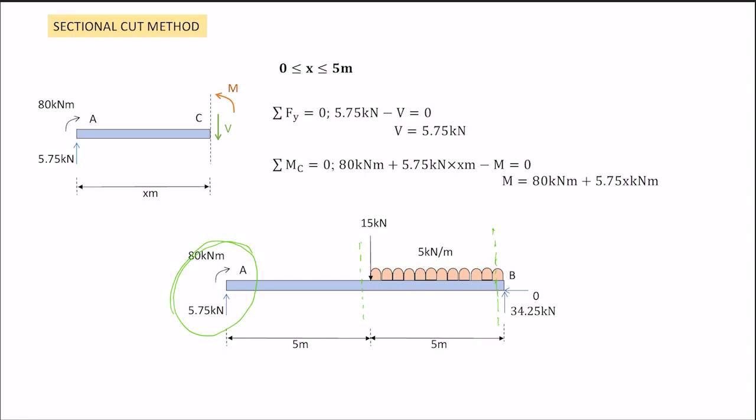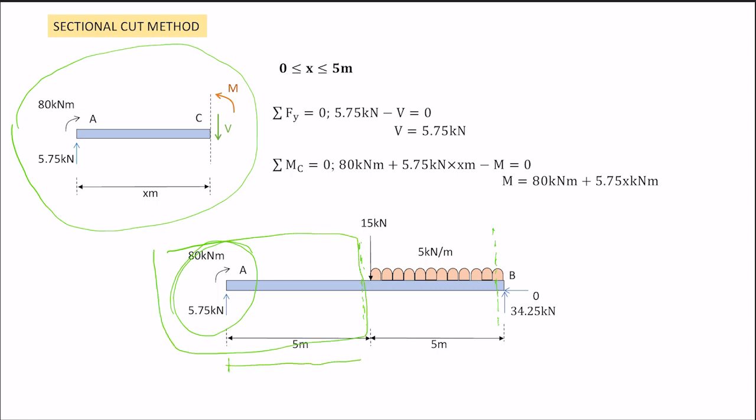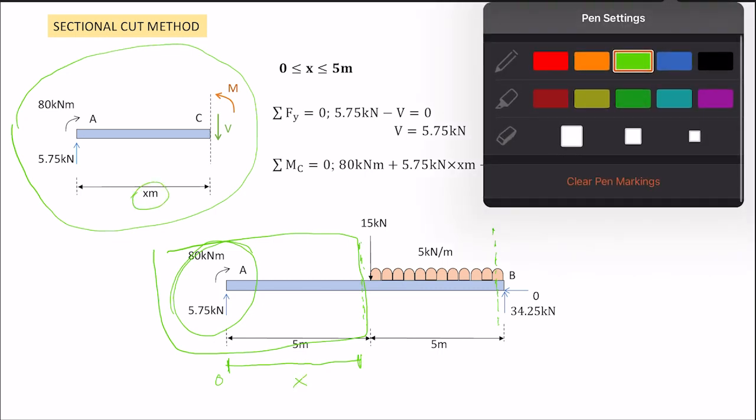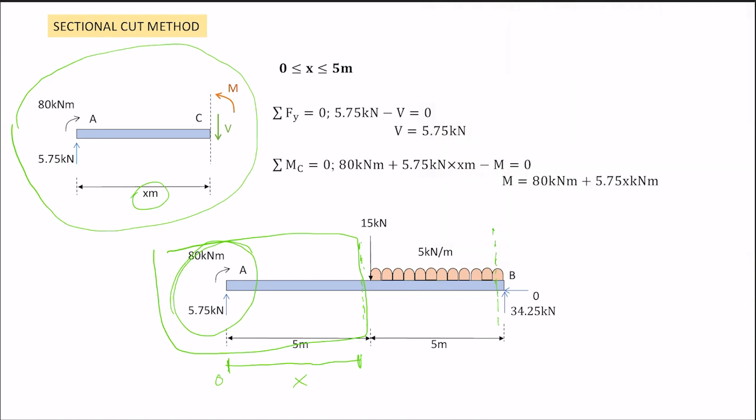Let's do the first one, the first cut, our first section. Over here, this is the area that I cut. The distance from A, or zero here, is X meter. The limitation or boundary is X must be bigger or equal to 0, and less or equal to 5 meter.